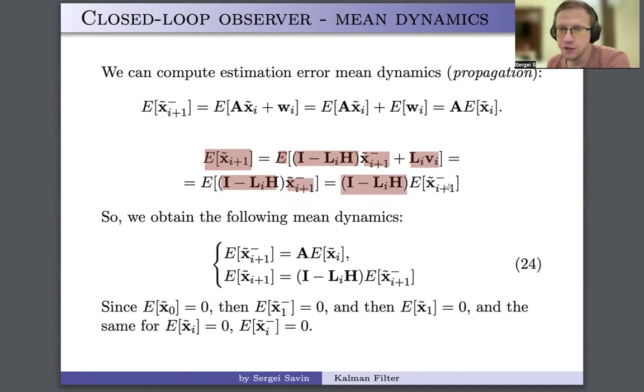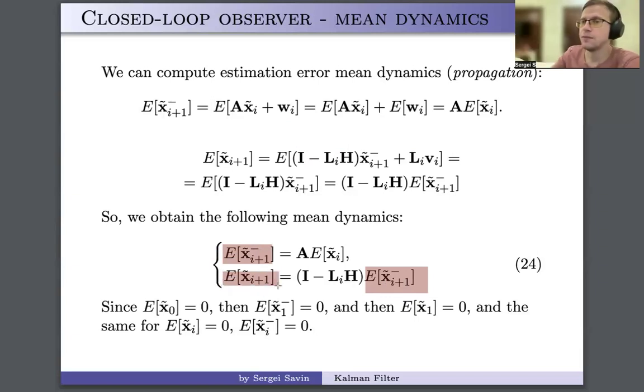So essentially what we have is, again, a matrix times the mean on the previous step. So this is our mean dynamics. As we can see, if the initial value is 0, then the next value will be 0, then the next value will be 0, and so on to infinity.